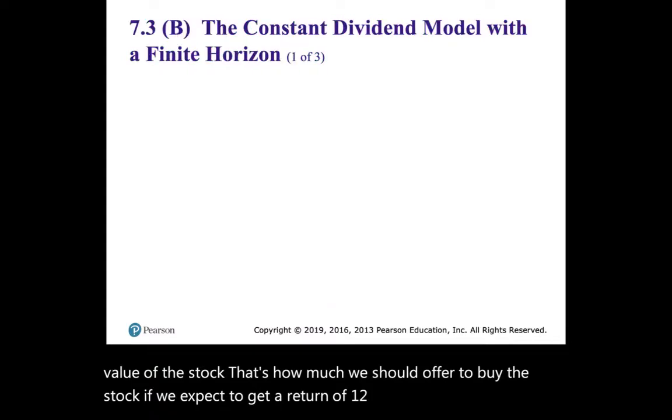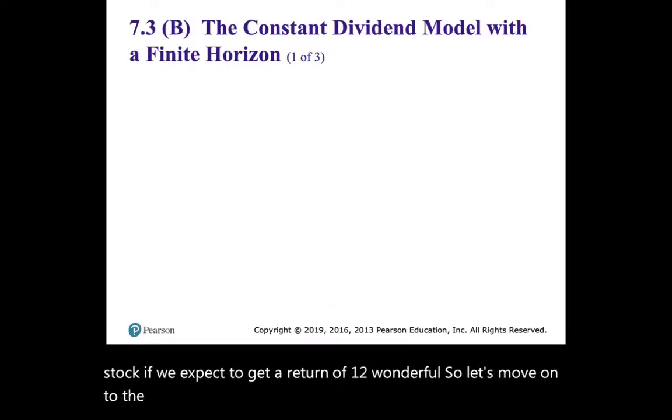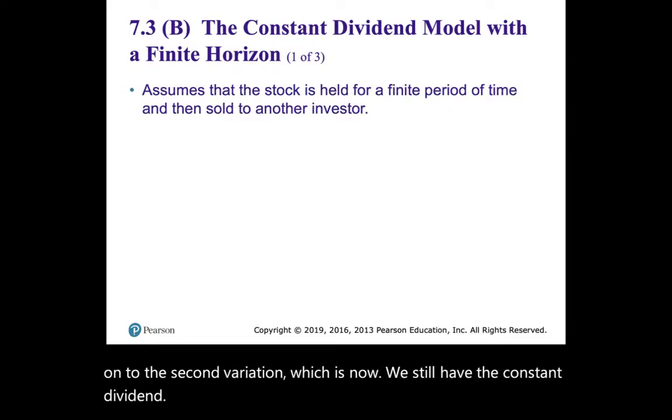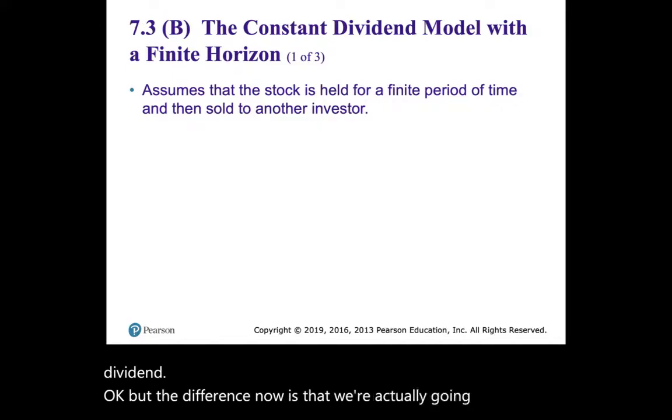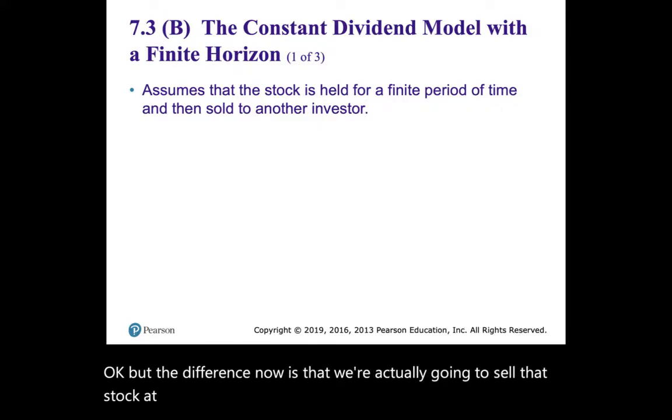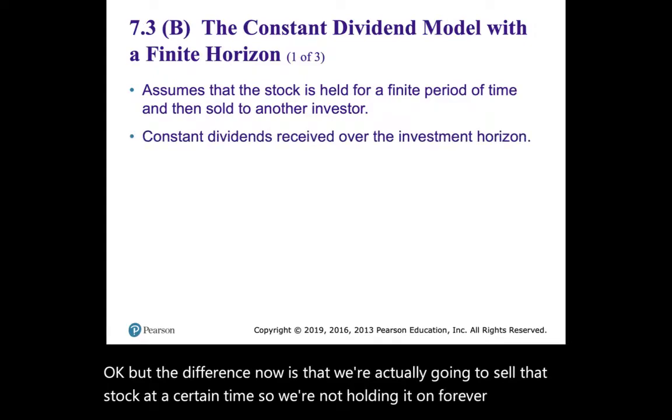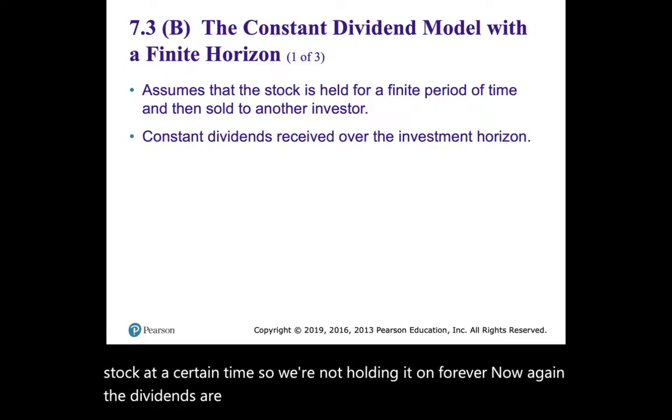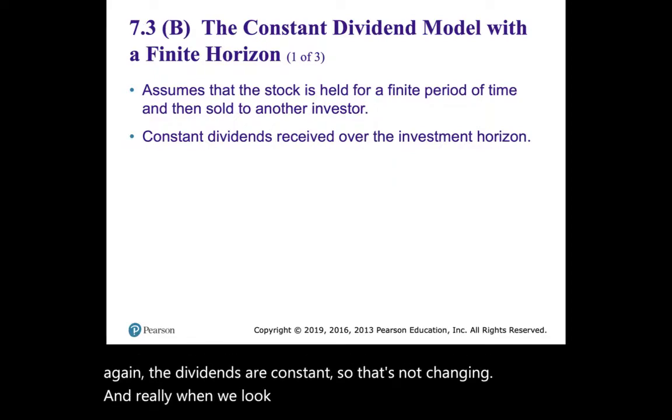Wonderful. So let's move on to the second variation, where we still have the constant dividend, okay? But the difference now is that we're actually going to sell that stock at a certain time, so we're not holding it forever. Again, the dividends are constant, so that's not changing. When we look at an example like this, go back to those two components of valuing a stock.